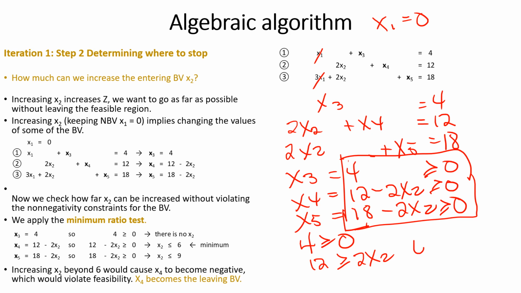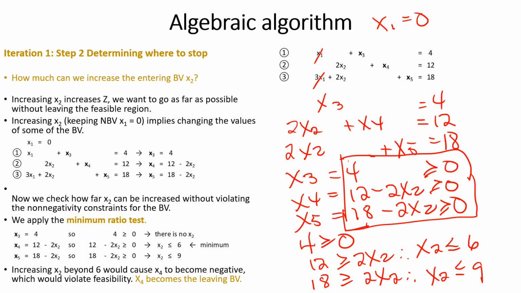So we got here that 6 is less or equal to, or let's put it the opposite way, x2 is going to be less or equal to 6. And we also have 18 is going to be greater or equal to 2x2. So what we got here is that x2 is going to be less or equal to 9.